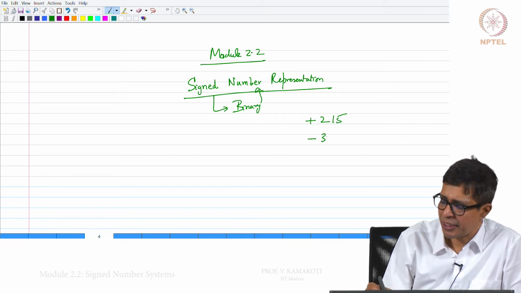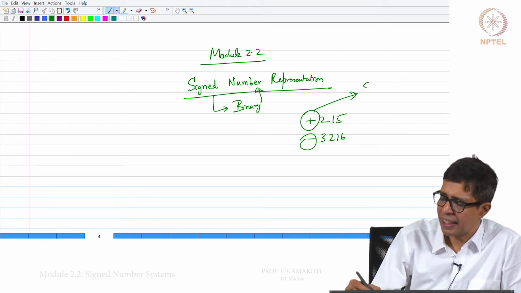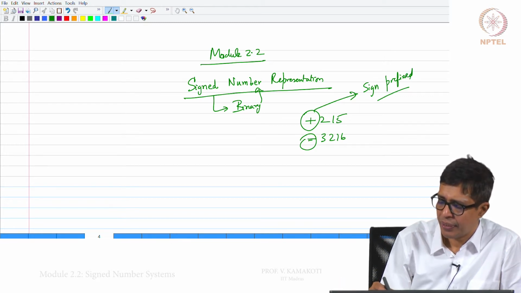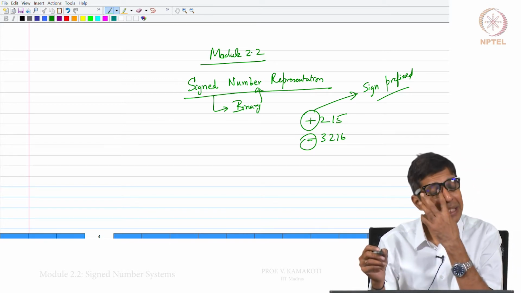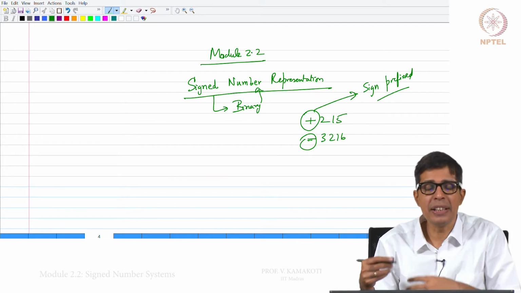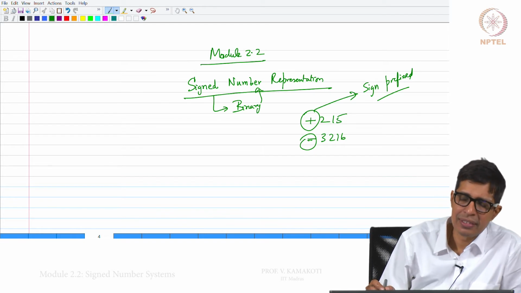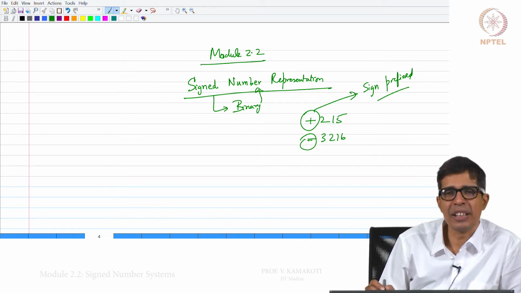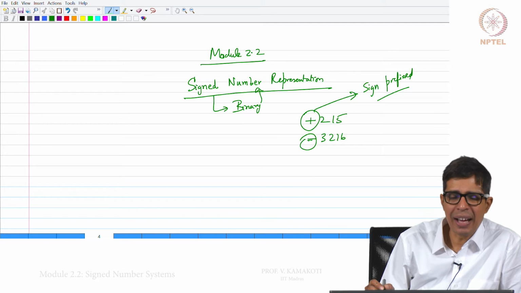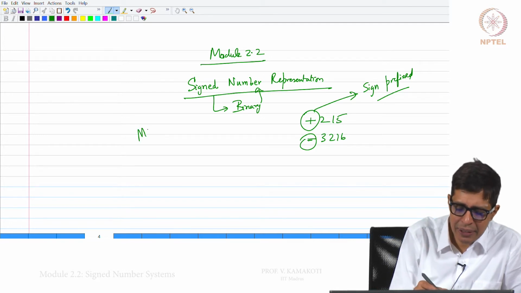+215, -3216. So, we have something called a sign prefixed. The logical way of communicating to a computer the sign of a number is to have the most significant bit.